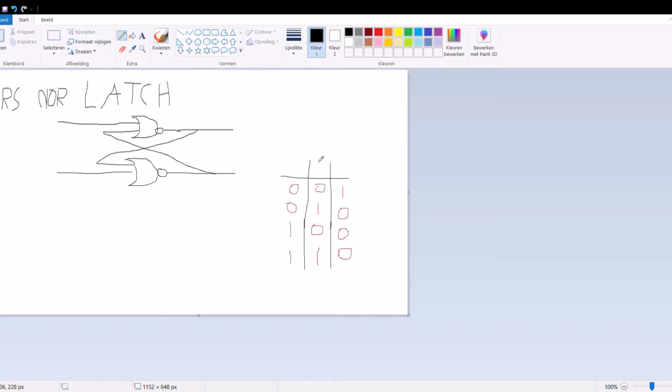So let's first look at the truth table for the NOR gate. The OR, as you might remember, is that the output turns on if either one of the inputs is on. So in this case, 0 and 1 is on, so this should be 0, 1. This one is on, so that's 1.